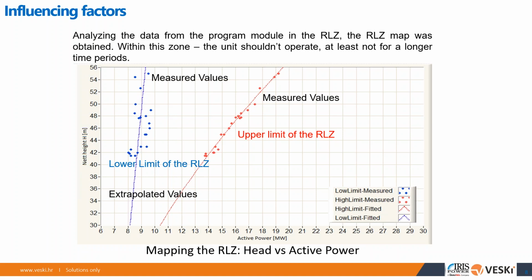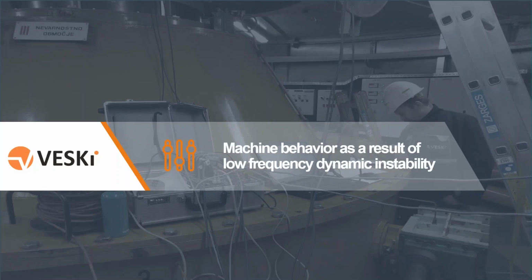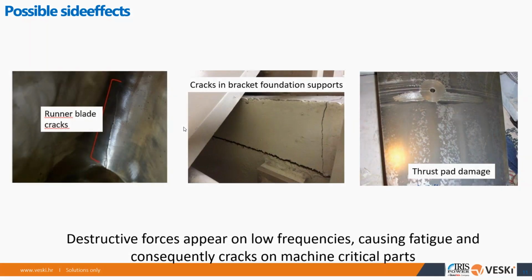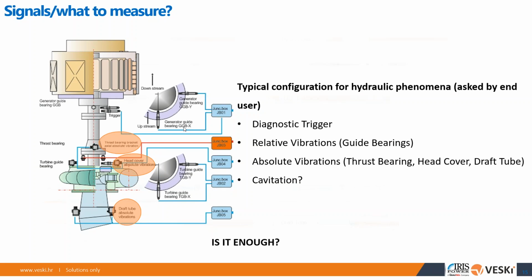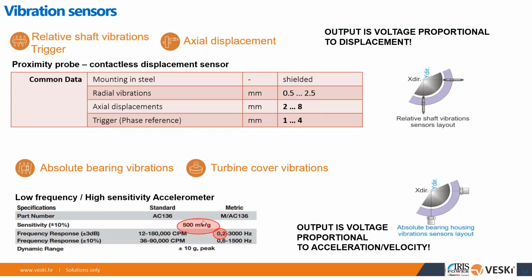Is there a particular spec of an accelerometer that you would recommend for measuring the rough load zone? I think I mentioned it. It should be high sensitivity, meaning 500 millivolts per G or more. You have 1,000 millivolts per G accelerometers, which are better than this one. Why high sensitivity?